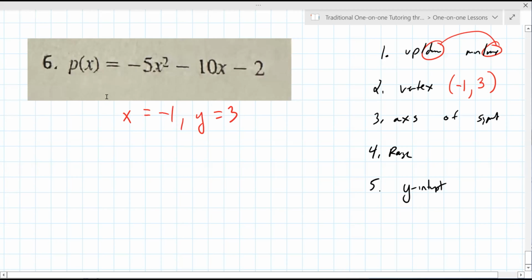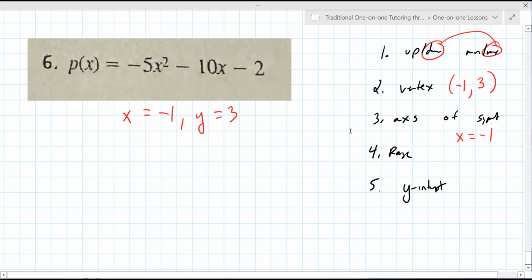Okay. What is the axis of symmetry? X equals -1. Good. Then the range is y is less than or equal to -1 because it opens downwards.